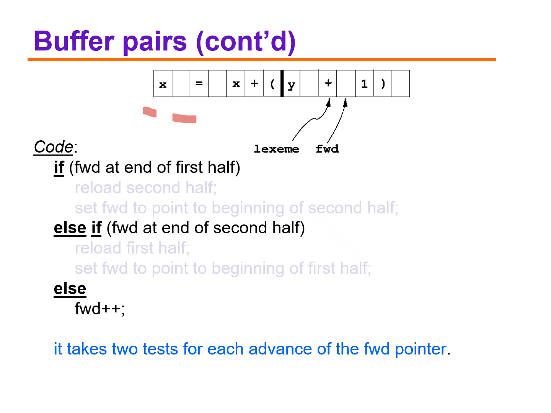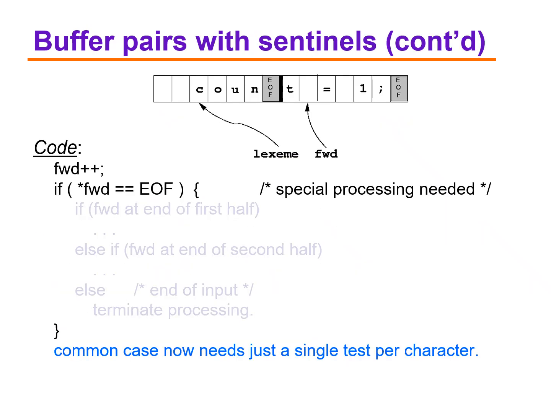Here is an example of a buffer pair where we have the input statement x equal to x plus y plus 1. We have a lexeme beginning pointer and a forward pointer.